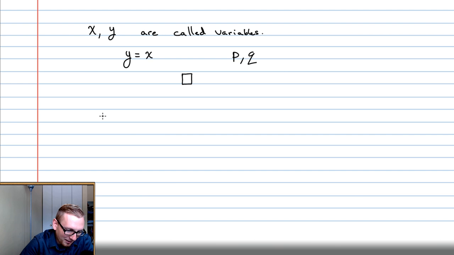Variables are just how we communicate that it's something we don't know. It's also a way we can communicate there's a relation. Now, a common convention is to use x and y and z and t and p and q and all these letters. That's just common. Sometimes in the math world, you'll have a function with lots of variables.